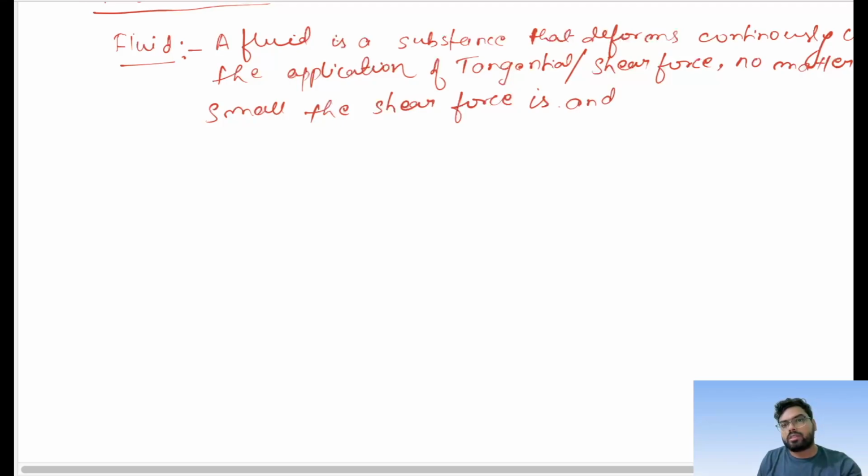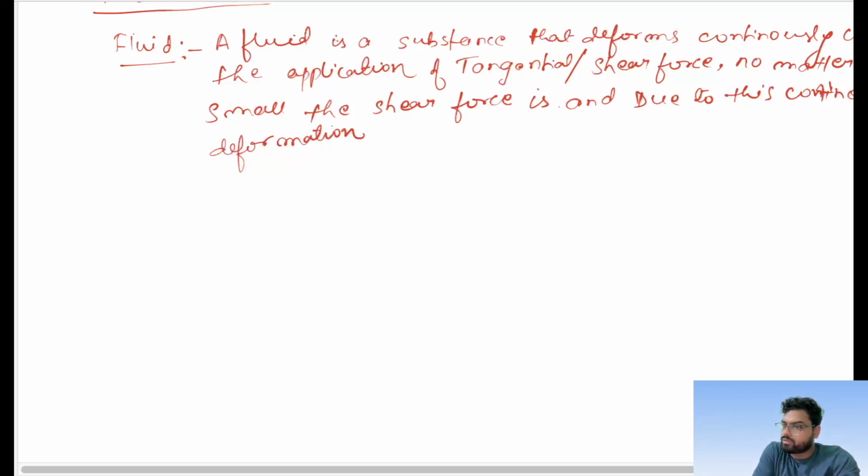And due to this continuous deformation under shear stress, it constitutes flow.